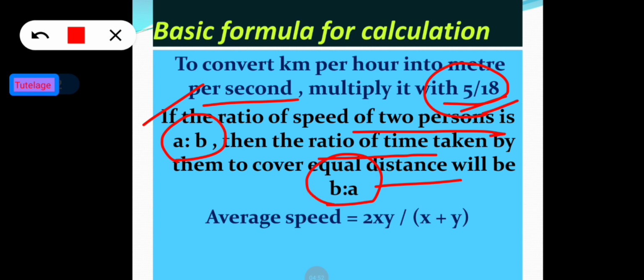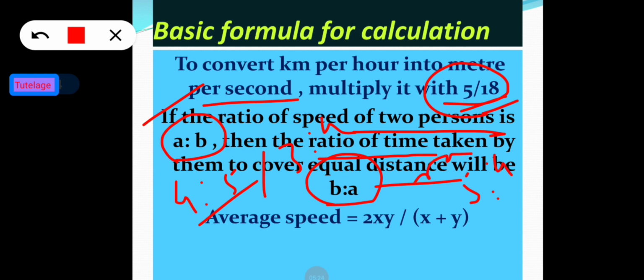If the ratio of speed of two persons is A is to B or any digits, so 4 is to 5 or 3 is to 4, then the ratio of time taken by them to cover equal distance will be B is to A. That means just reverse.